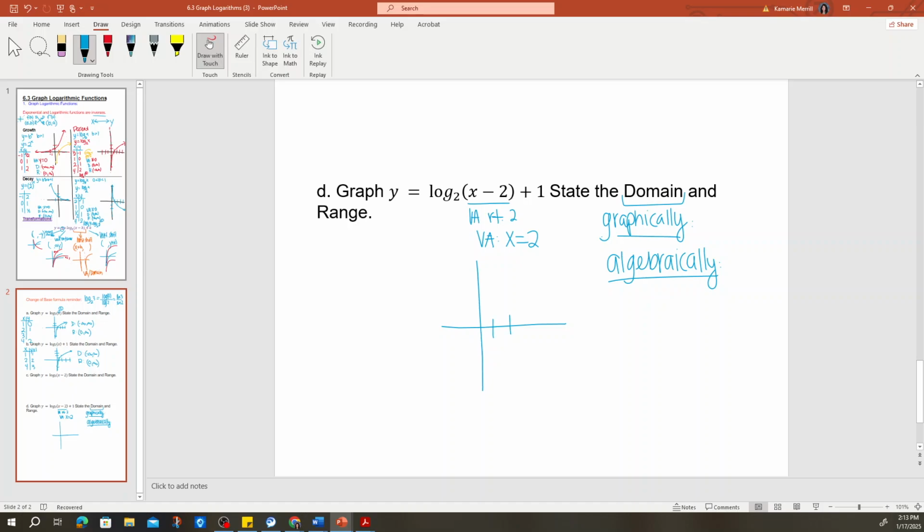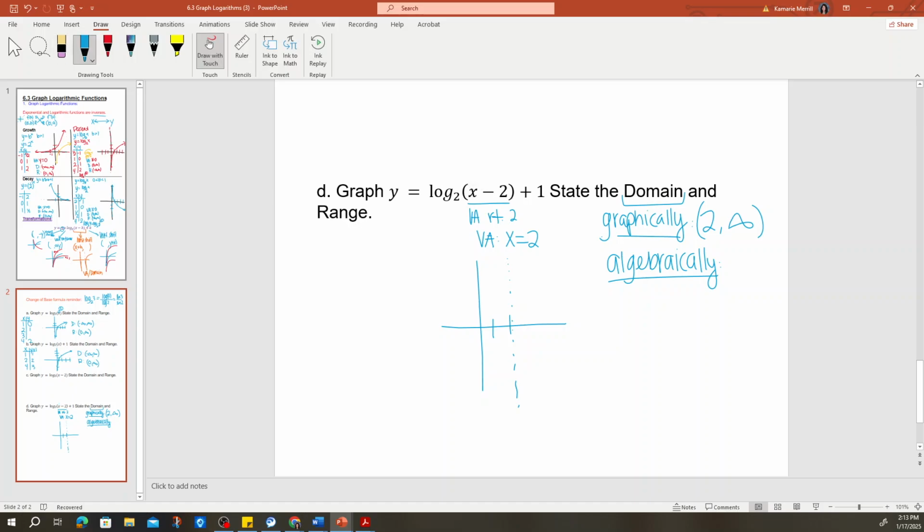I realize that I'm moving everything to the right 2. So domain-wise, how would I do that in interval notation since I know that I moved to the right 2? I would say 2 to infinity. Which makes sense to me because am I allowed to plug in a 1, or would that end up being a negative number inside? It'd be a negative number inside. So it means my domain moved to 2 to infinity instead of 0 to infinity. Does that make sense to everybody?